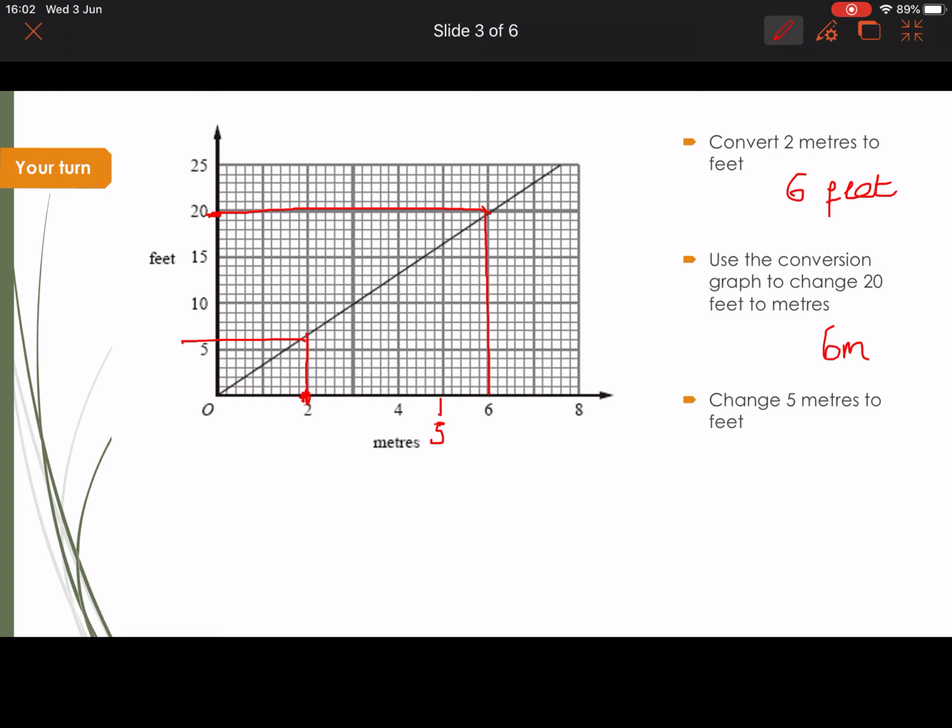So there's my 5 meters, and I need to draw a line that goes from there up to where I hit the line, and then I go across from there, and I can see that, considering that there are 5 boxes between 15 and 20, and there's 5 numbers between 15 and 20, I can be certain that my number's about 16. Now I'm sure that they would accept anything between 16 and 17, so I'm going to say 16.5 feet.